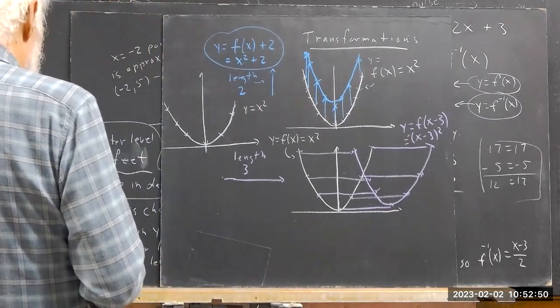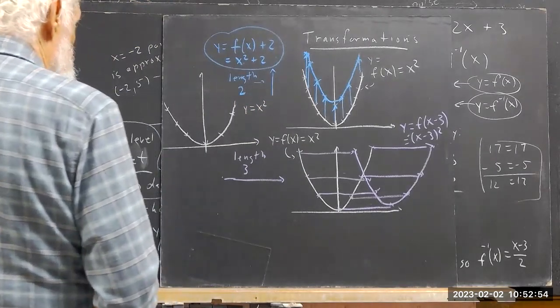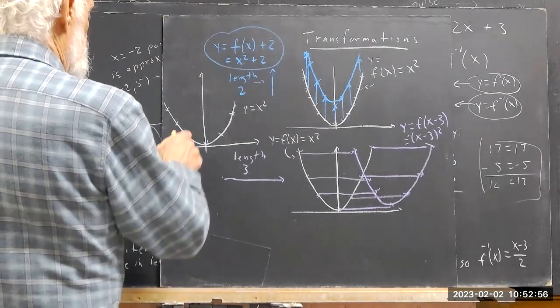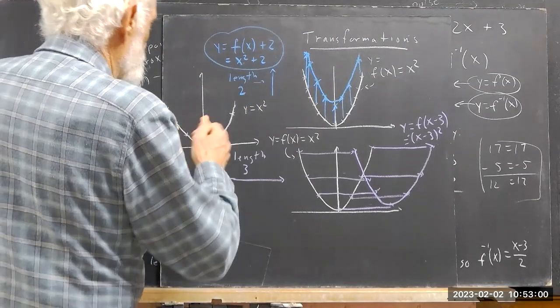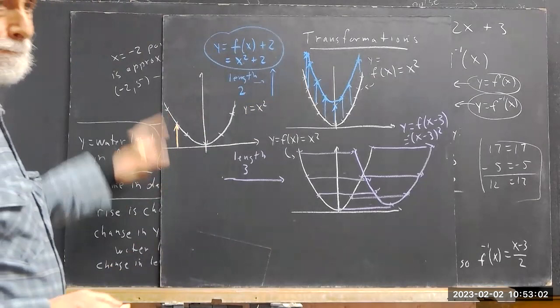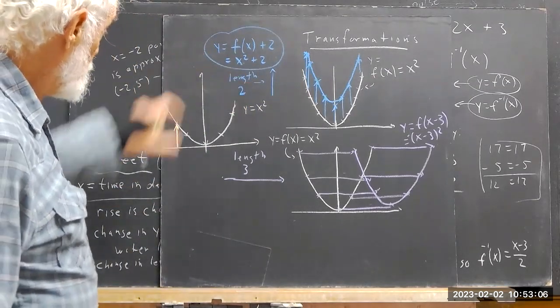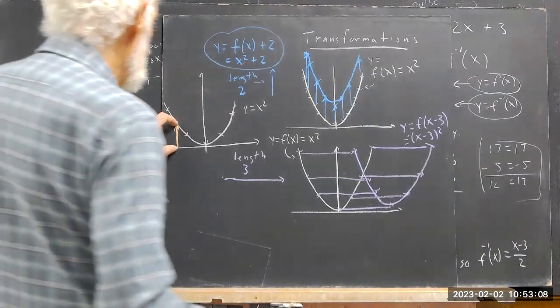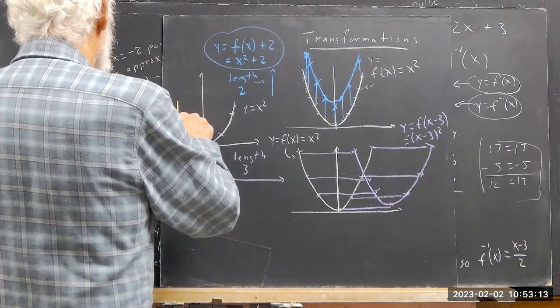So for every point, I'm going to draw a vector. Like for this point, I'm going to draw this vector here. You know, I'm just talking about an arrow with given length and given direction. I can move that vector anywhere I want to. What I'm going to do is move that vector right on top of itself.